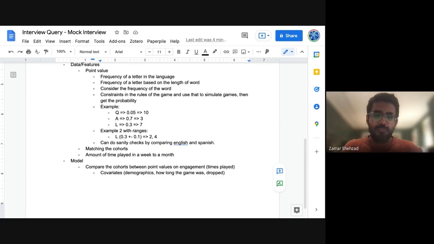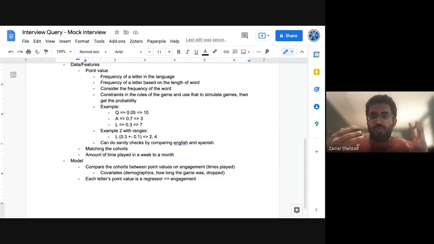Maybe our point values for each letter don't vary too much, so maybe what we model is that each letter's point value is a regressor, and we're trying to predict the engagement. We do have a limited range, but we do have a range.